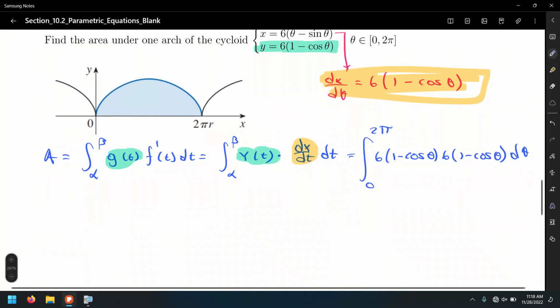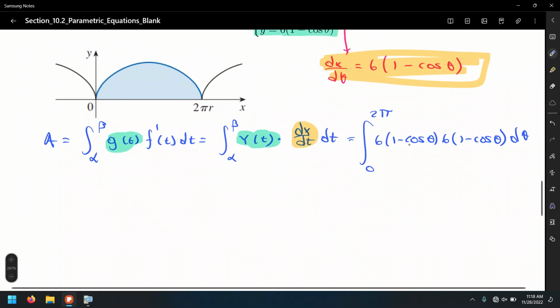So how about we evaluate the integral? Let's do a little bit of algebra and find the most suitable method to compute it. Number one, how about we get the constants outside of the integral? That is 6 times 6, which is 36. That's 36 times the integral from 0 to 2 pi of 1 minus cosine, actually times itself, which I could write as a quantity squared.